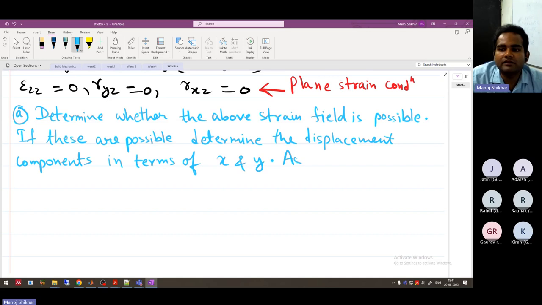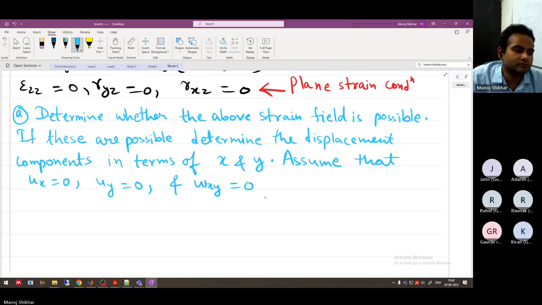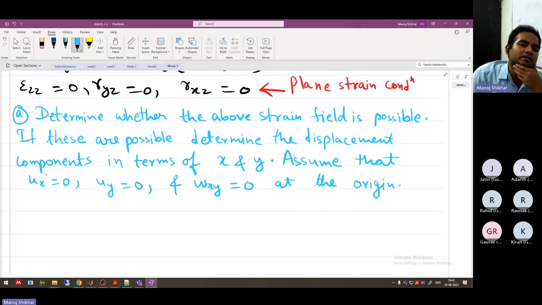And they have given you some conditions: assume that ux equal to 0, uy equal to 0, and wxy equal to 0 at the origin. So they've given you a boundary condition that the displacement of the origin along the x direction, along the y direction, and the rotation of the line elements x and y are 0 at the origin.